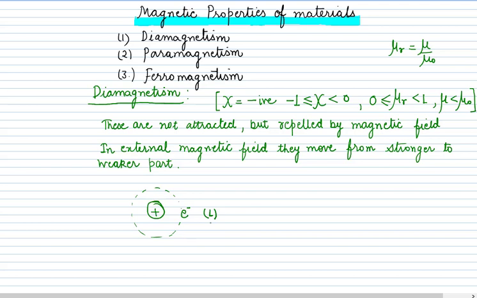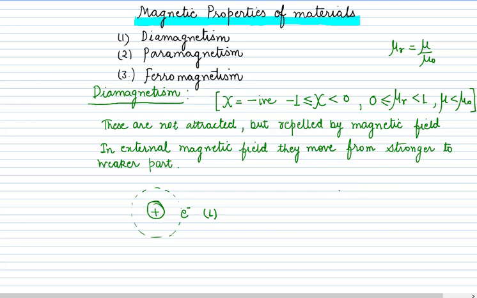So whenever we apply the magnetic field, those electrons having the orbital angular momentum L in the same direction as the magnetic field slow down, and those having the opposite direction speed up. So the net magnetic moment is in the opposite direction to the applied field. That is how, if you keep them in the magnetic field, the magnetic field is repelled by them.